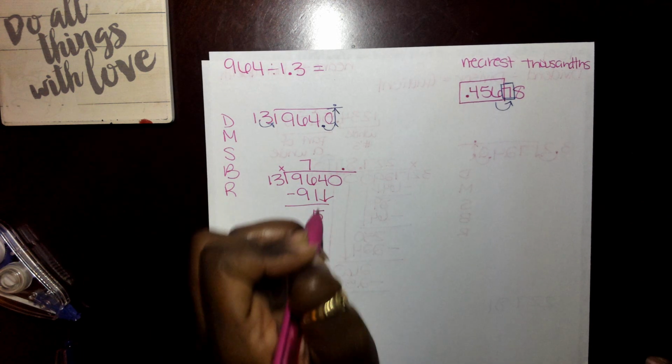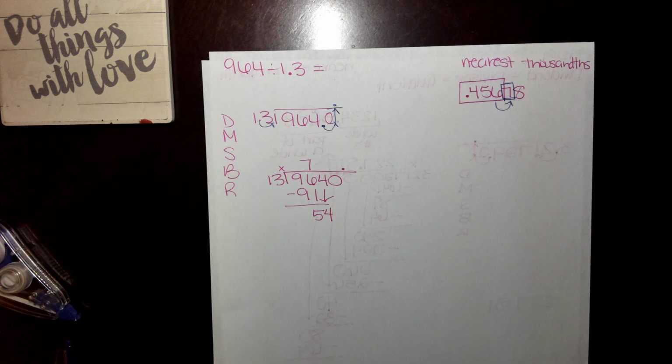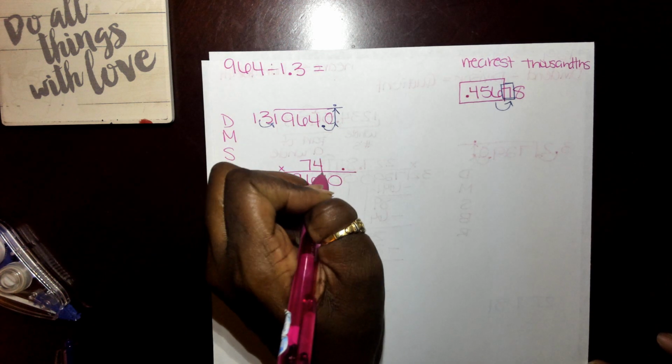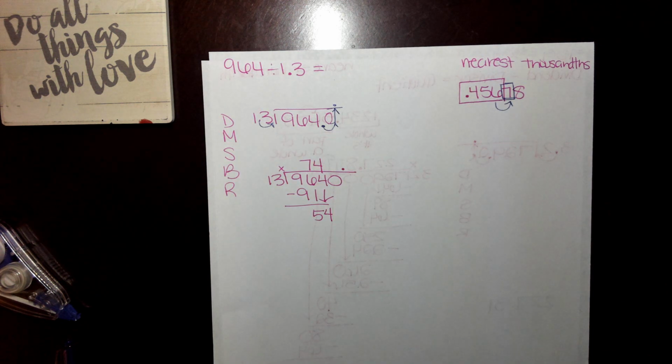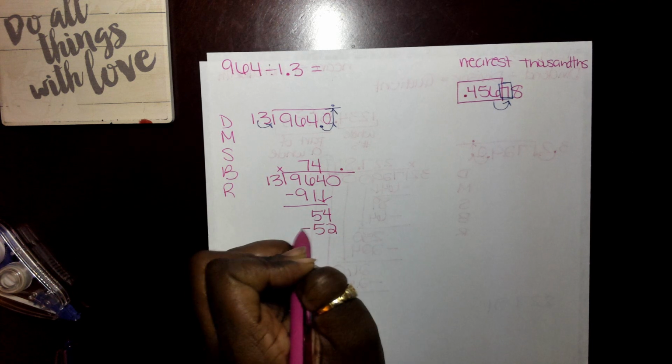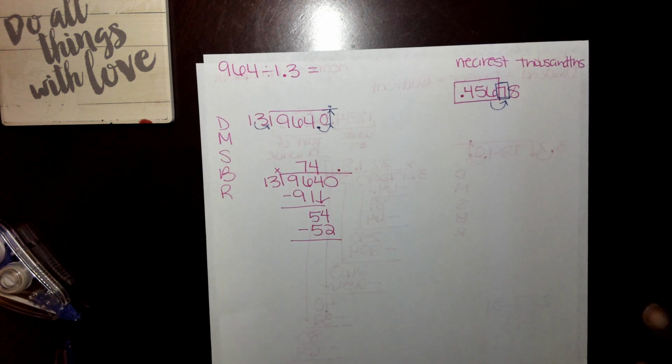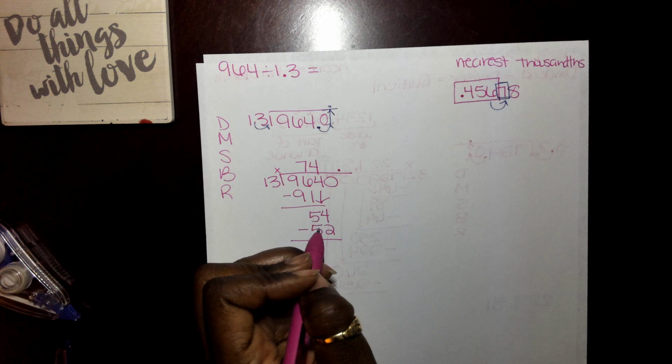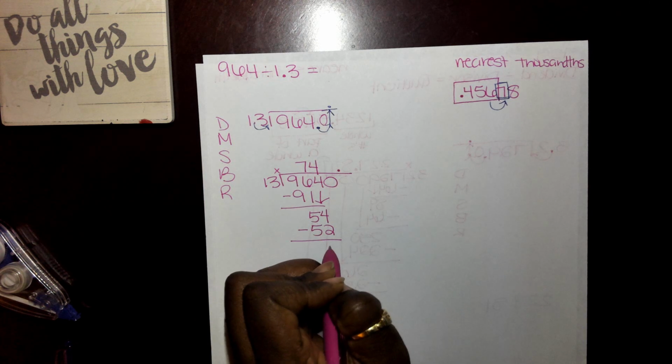And then, baby brother, bring down the next number. So I bring my 4 down. Now how many groups of 13 are inside of 54? There's a total of 4. So 13 times 4 is 52. We'll take away 52. And 52 from 54 leaves me with 2.